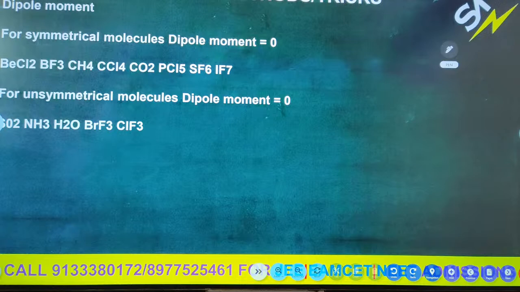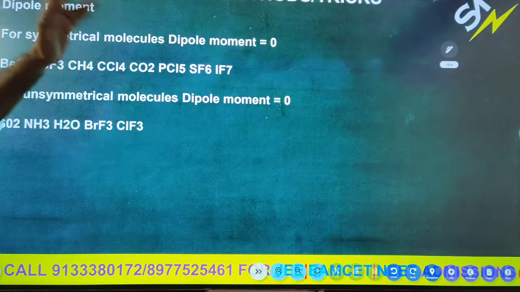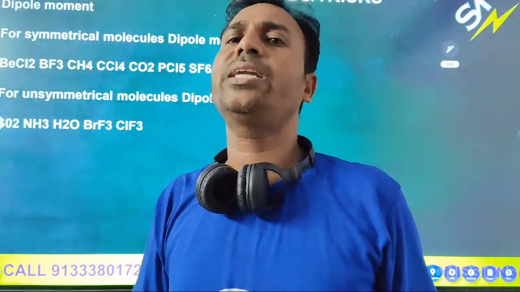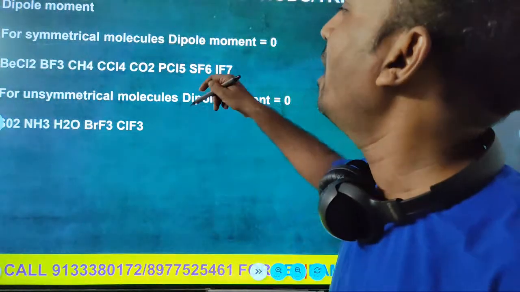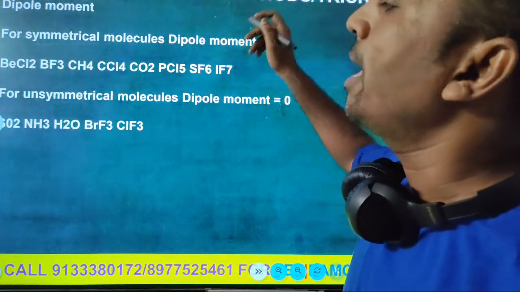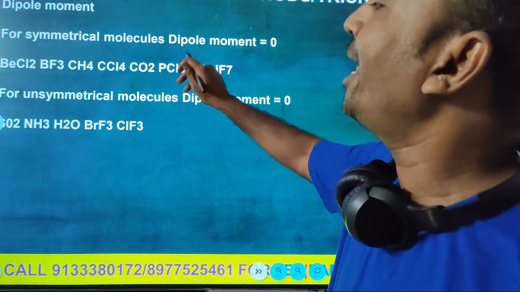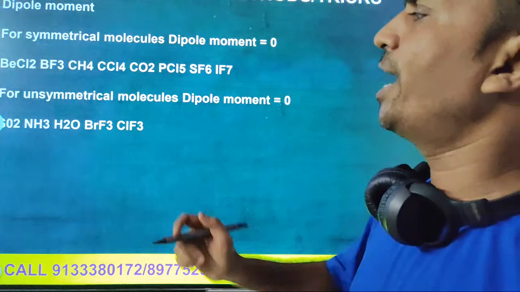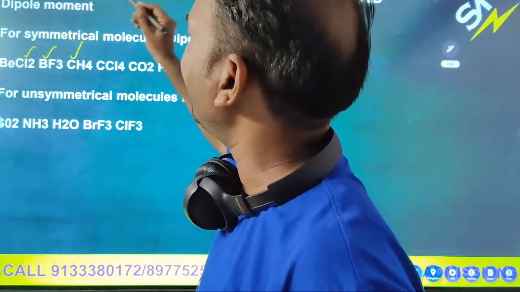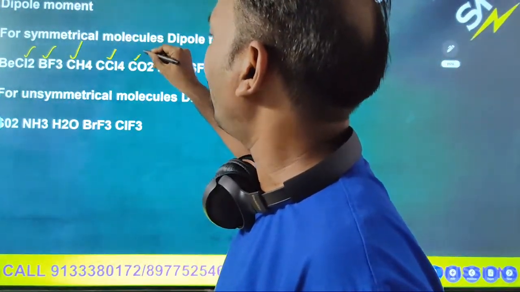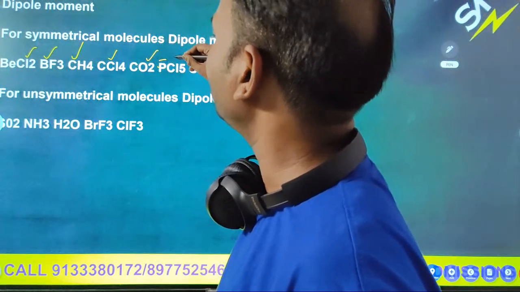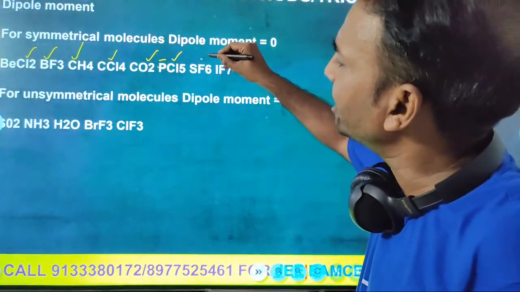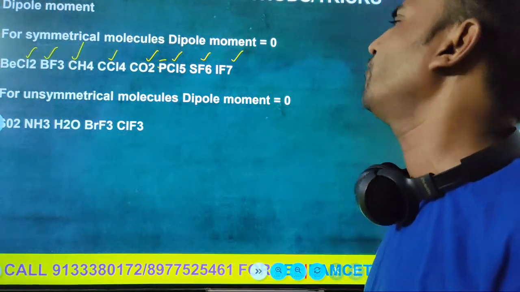Now, just now I said we find the dipole moment with the help of symmetry: is the molecule symmetrical or unsymmetrical? Now we take the symmetrical molecules. All have different electronegativities here: beryllium chloride, boron trifluoride, methane, carbon tetrachloride, carbon dioxide, phosphorus pentachloride, sulfur hexafluoride, iodine heptafluoride.